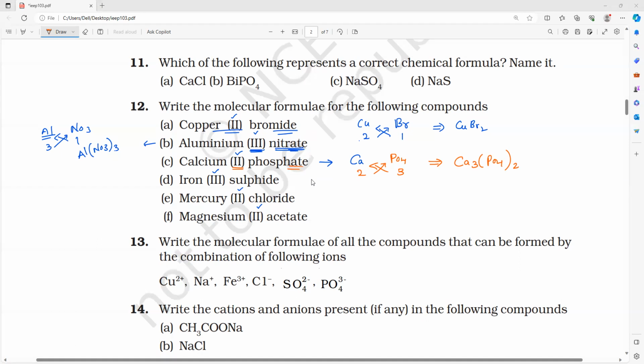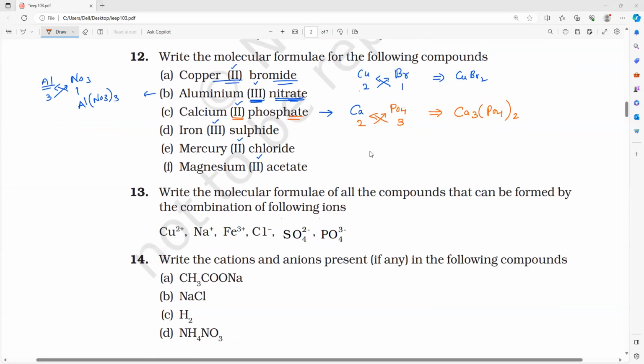Next, iron 3 sulfide. Sulfide. Ide means what? SO3 or S? If you are not saying, it is not important. SO3 is gone, that is itself a basic thing.